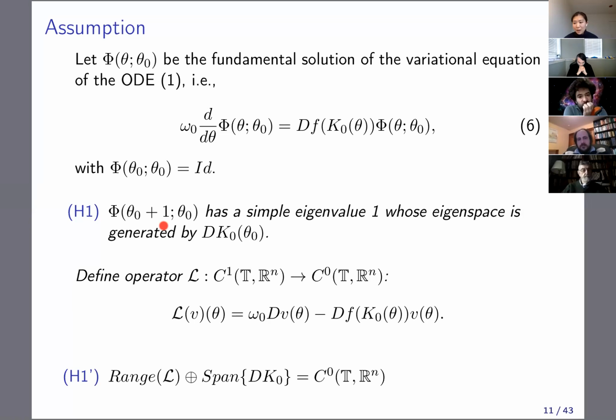We can define this operator L on the continuously differentiable functions which are periodic, and it is defined using this expression. So the hypothesis H1 is equivalent to the hypothesis H1 prime, which basically says that the range of L is codimension 1 and it is complemented by the tangential direction of the periodic orbit. And we are going to see that H1 is equivalent to H1 prime in the proof.